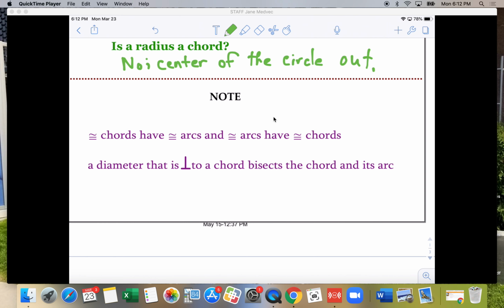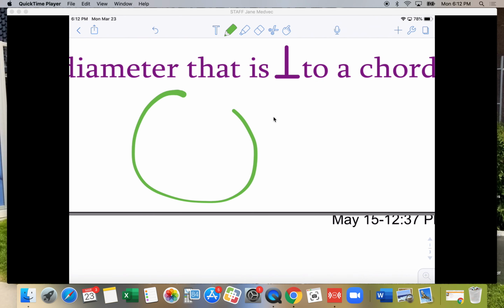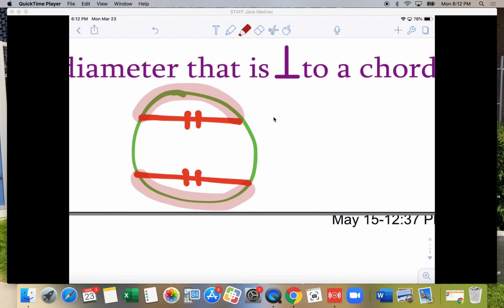What it says is that if I have a circle, and I have a chord here and a chord here, and these two are congruent to each other, then the arcs that they create are also congruent to each other. And it also says that if I have two arcs that are congruent to each other, then the chords are congruent to each other. And that's really important. That's going to play a role.